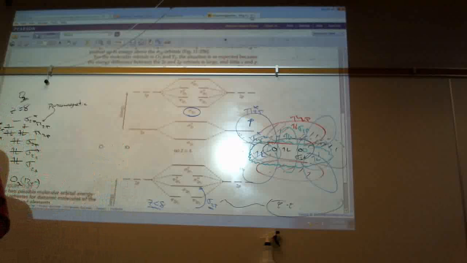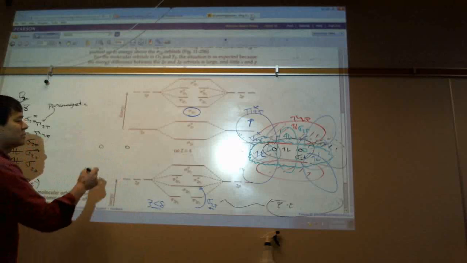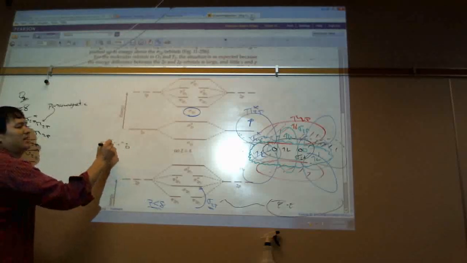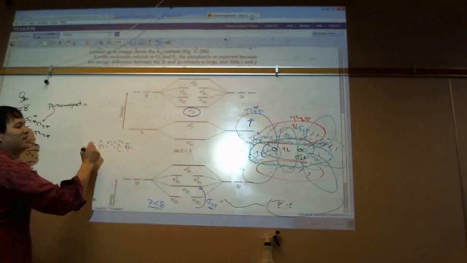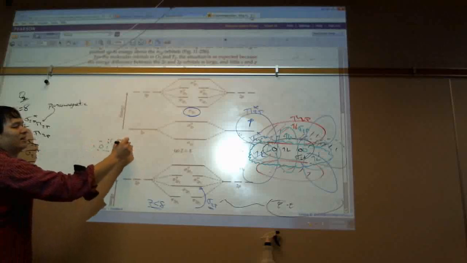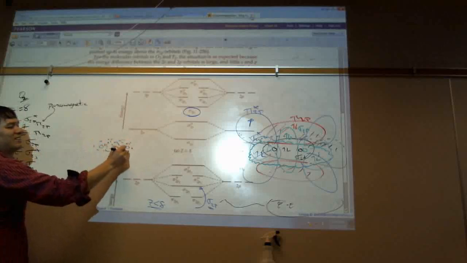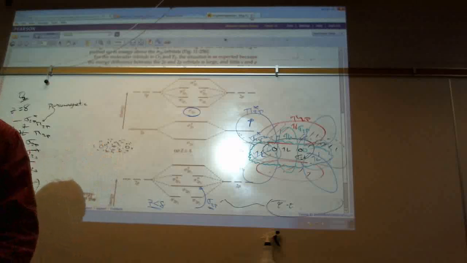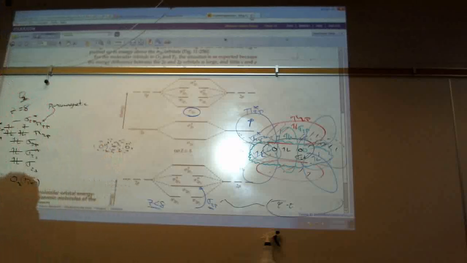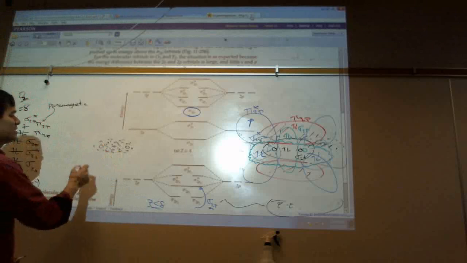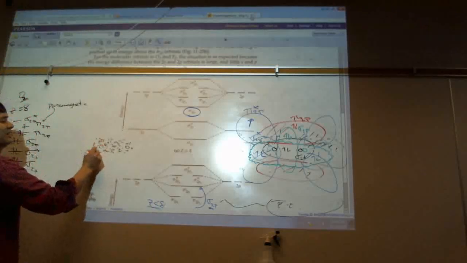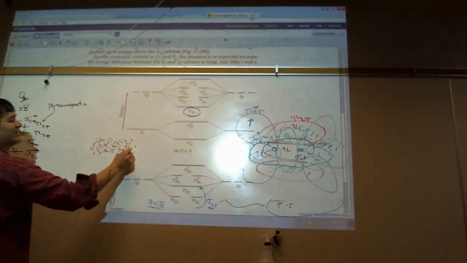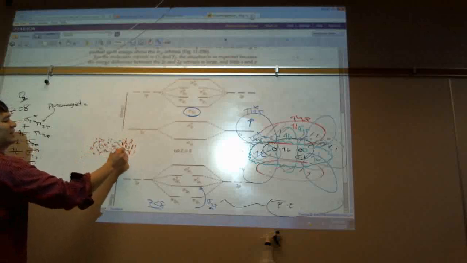So let's go ahead and do the electron density map. Okay, we're going to do the electron density here. The sigma 2s electron density is here. So this is sigma 2s, right? Okay, that's bonding or anti-bonding? Bonding. Okay, the next one is the sigma star 2s, which is anti-bonding. Here.